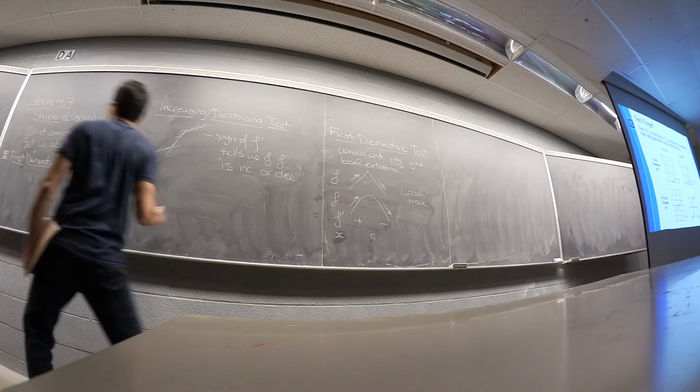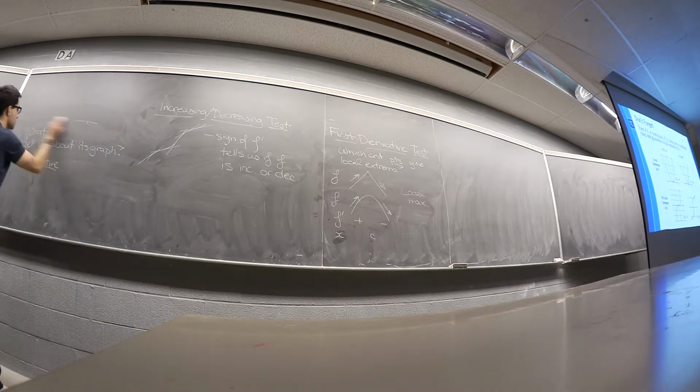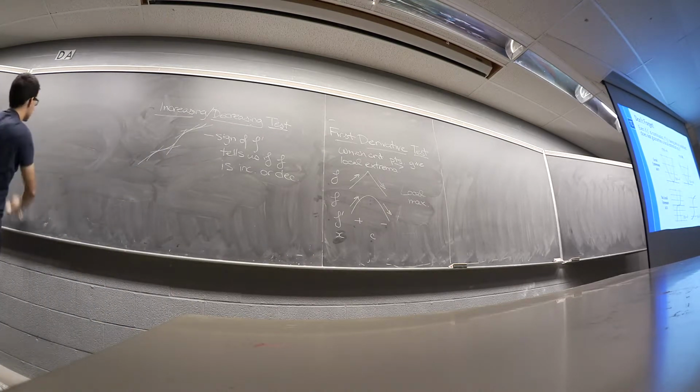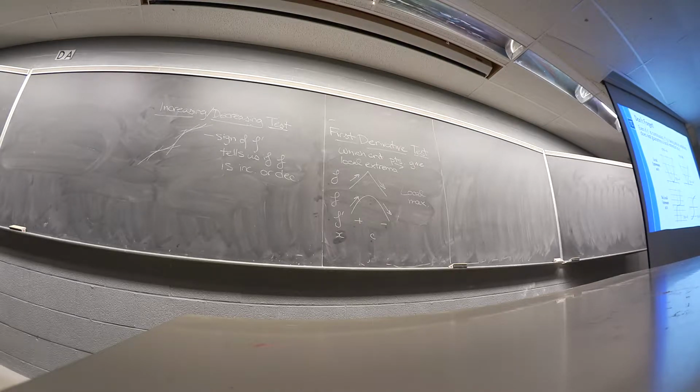Little special case: by our definition, closed endpoints are always going to give us local extrema. I'm going to call them closed endpoints; I don't know what the technical term is.